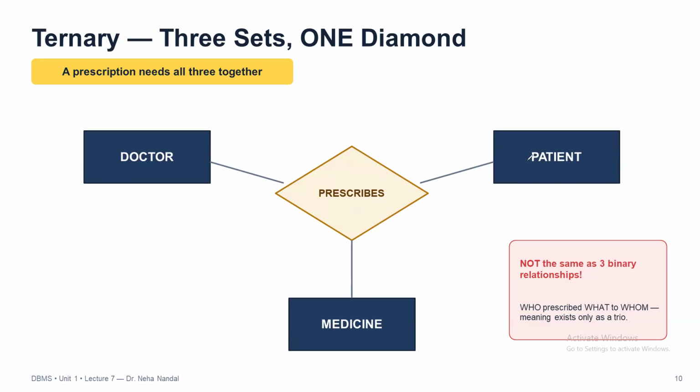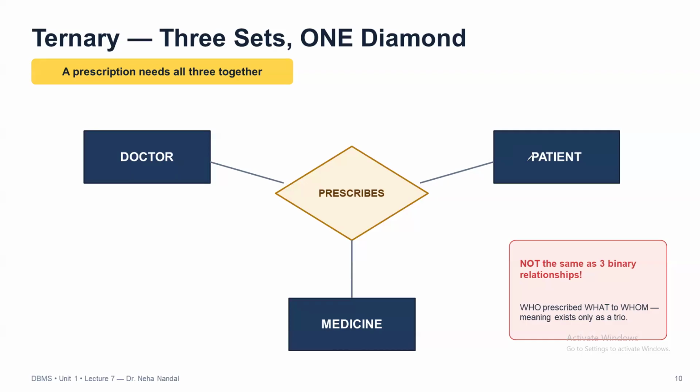Here is the subtle point, which can come in your exams for 5 marks directly. Why not just three binary relationships: doctor-medicine, doctor-patient, and patient-medicine? Think of it: why can we not represent it as three binary relationships: doctor prescribes medicine, doctor treats patient, and patient takes medicine?